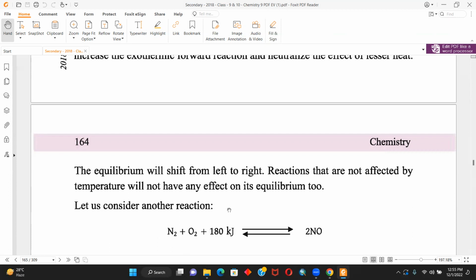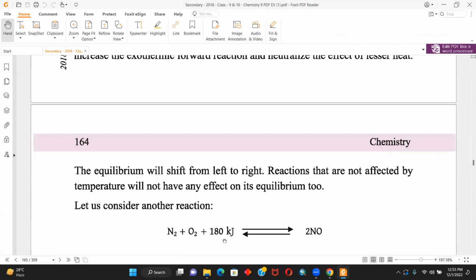The left side will not have. Follow my steps, okay? Write down the reaction and follow my steps for better understanding, in whichever way you feel comfortable.